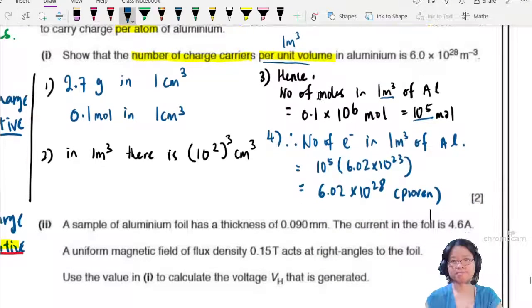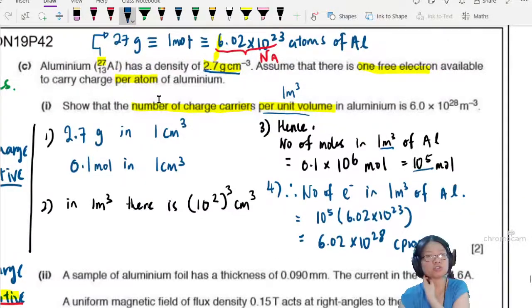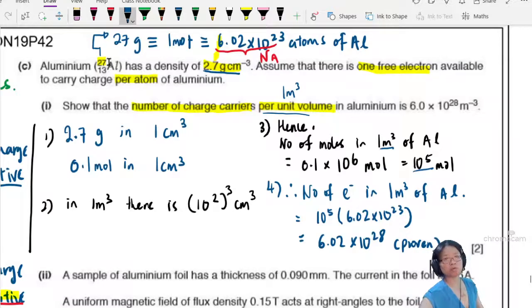So what I did was I find the number of mole in 1 cm cube, which is pretty easy because 1 mole is 27 gram, 1 cm cube is 2.7 gram, so you have 0.1 mole in 1 cm cube. But in 1 meter cube, because that's what you want to find, in 1 meter cube, there's 10 to the power of 6 cm cube. I mean, 1 meter cube is 10 to the power of 2 cm times 10 power 3.